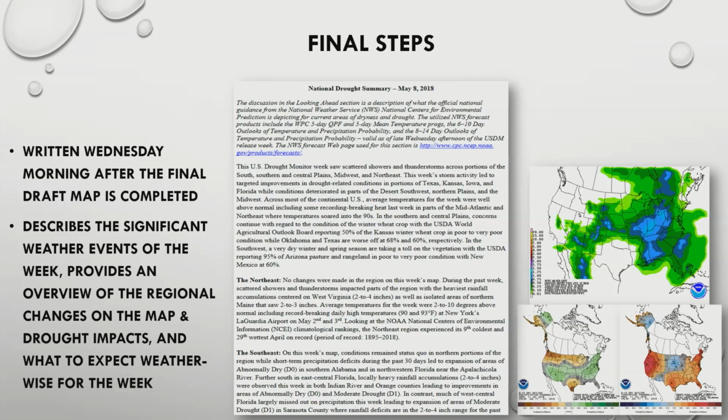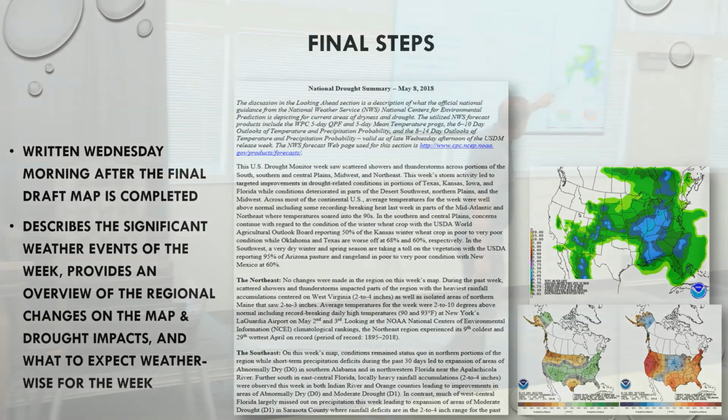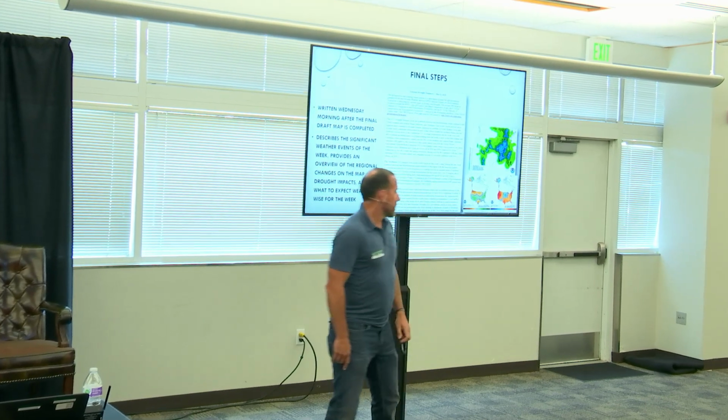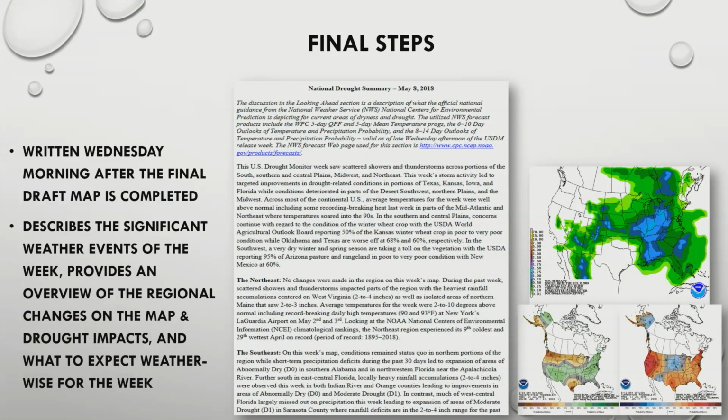And then it finishes up with looking ahead. This is a quantitative precipitation forecast for 7 days ahead, as well as the 8 to 10 day outlooks from CPC. And then that gets sent off to an editor, comes back. This all happens within the course of an hour.